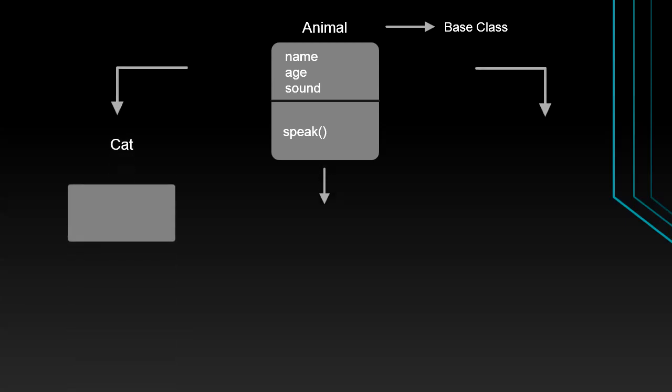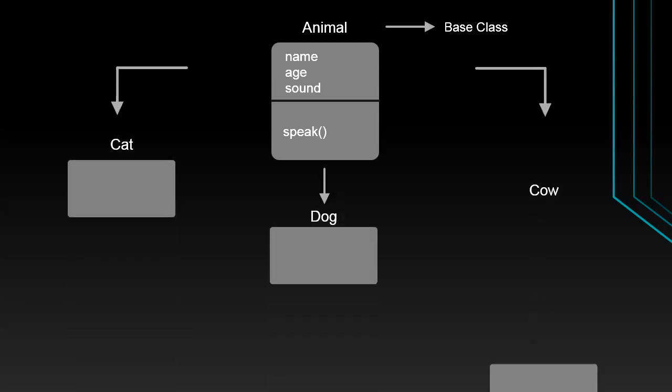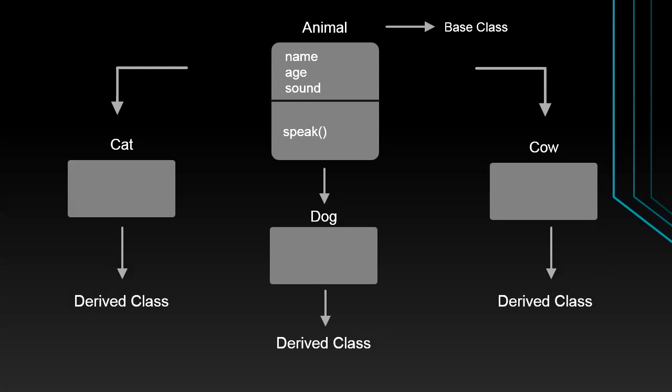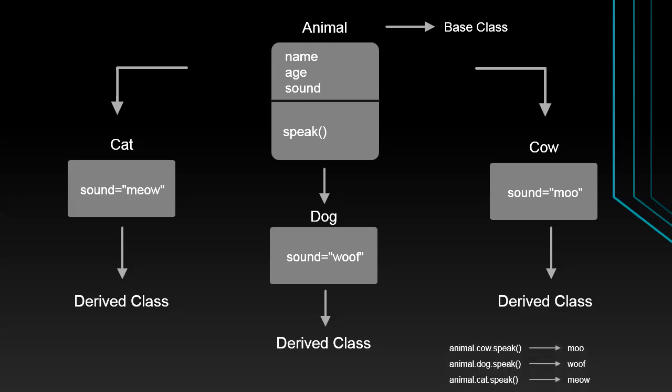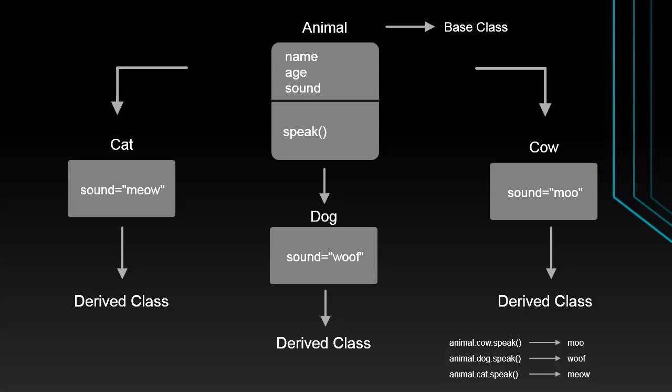Now, cat, dog and cow are the derived classes. Now, assigning animal sound to the sound property gives us the respective sounds. Now, in my code, if I call the speak method, it returns the respective sound.